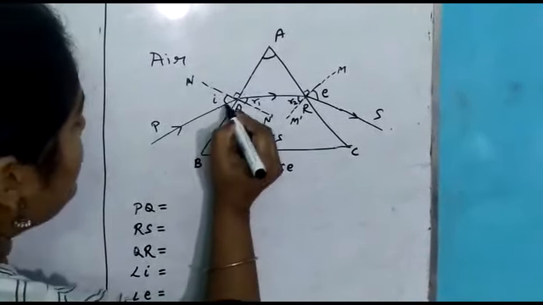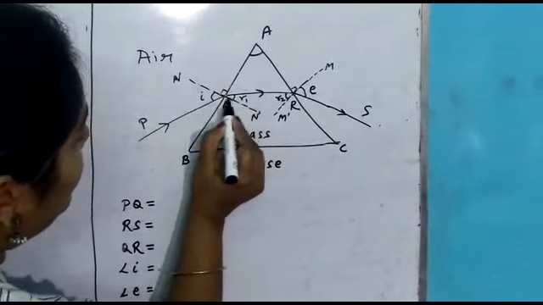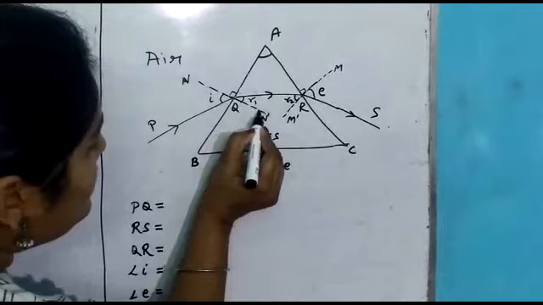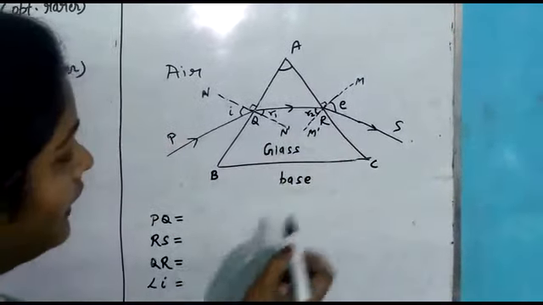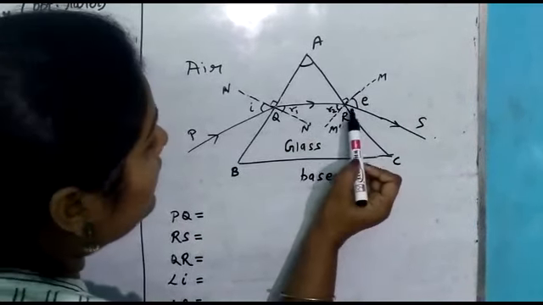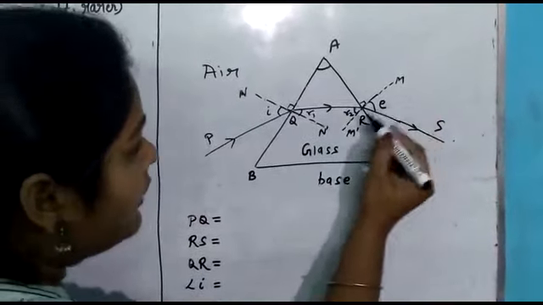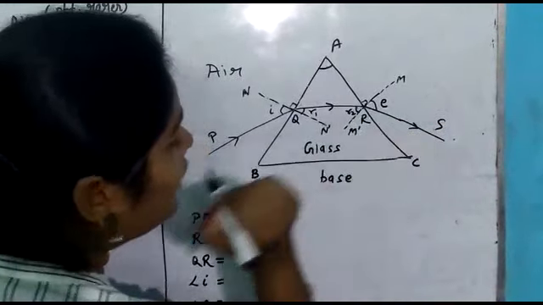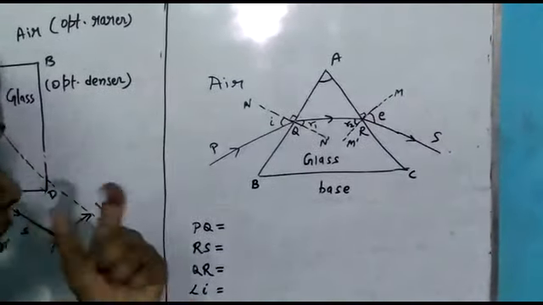Light is going from a rarer to a denser medium, so light will bend towards the normal. Here QR is the refracted ray, and when light goes from a denser to a rarer medium, it bends away from the normal, and this E is known as the angle of emergence.